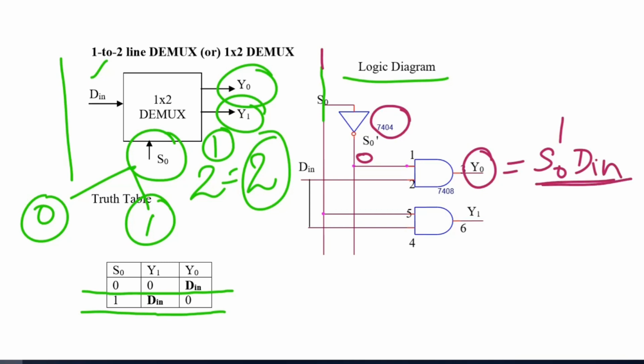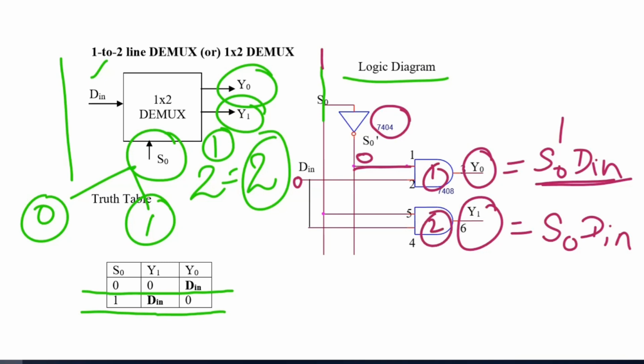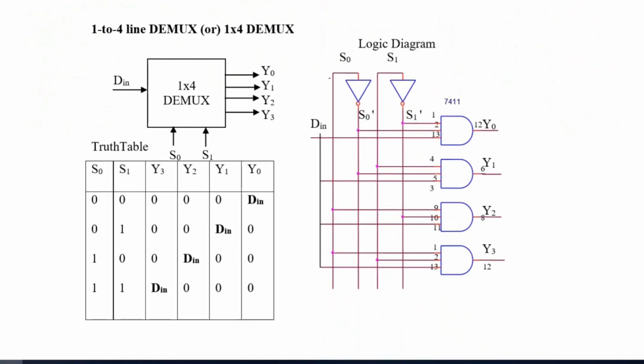No addition, no multiplication between Y0 and Y1. So take the inverted input, then D in high will get Y0. Then how about Y1? When S0 is equal to 1, into D in. So we need only 2 AND gates to express the same. Hopefully you can understand. Then we'll pass on to 1x4 demux.